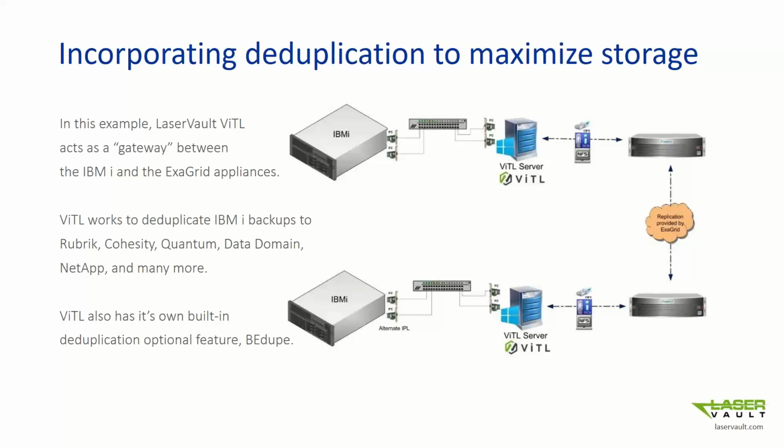So we'll connect fiber channel to the IBM i and then connect Ethernet or fiber channel over Ethernet to a SAN or NAS or deduplication appliance. And of course, I also discussed a minute ago that LaserVault does have data deduplication called bdupe that can be used to shrink that data down quite a bit for storage and replication.